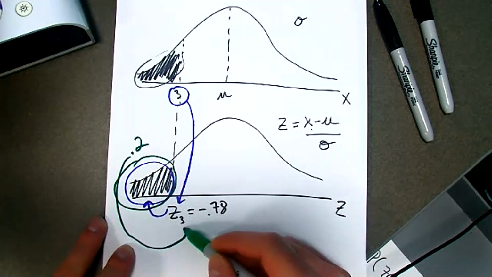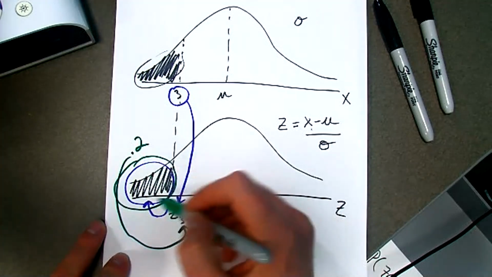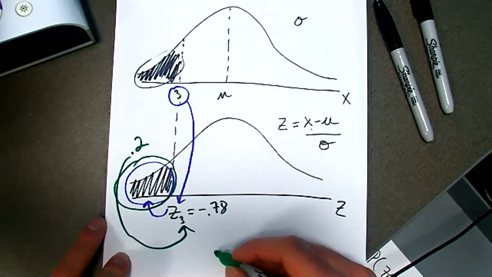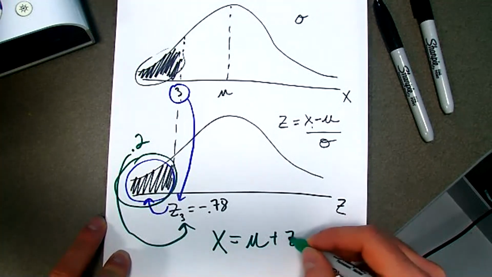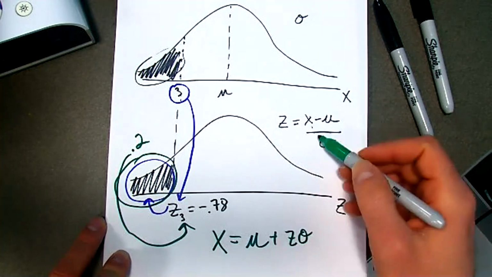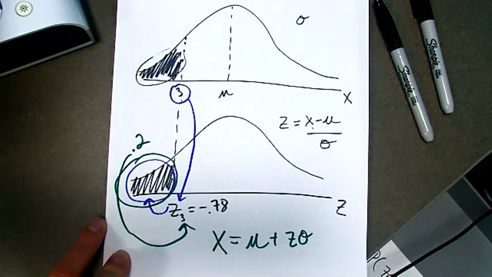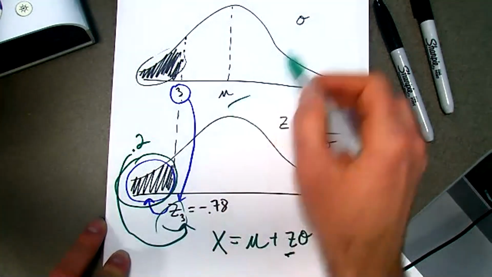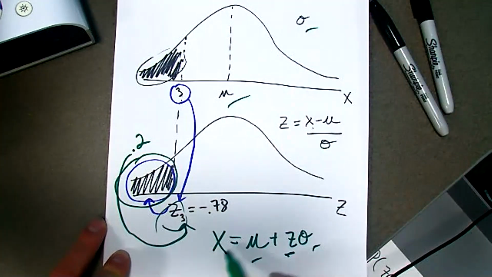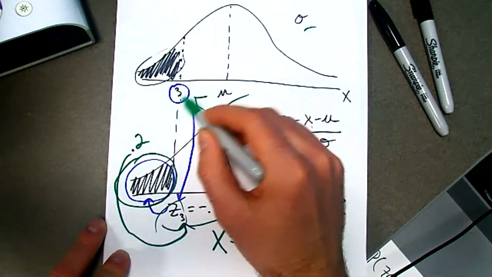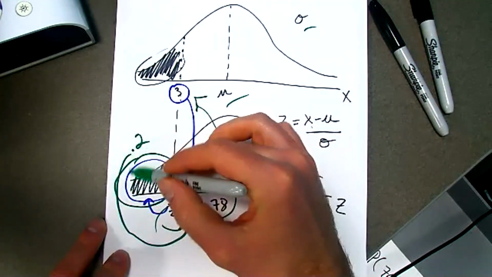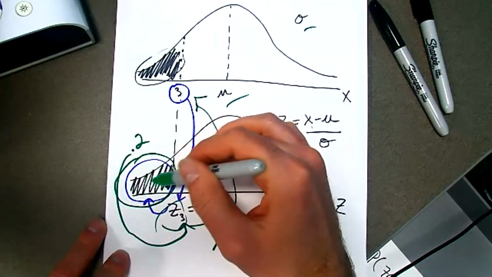What z-score would give me 0.2 in the tail? Once I have that z-score, we had this inverse transformation formula, which was really just rearranging the z-score equation to solve for x. Now that I have the z-score, if you tell me the mean and the standard deviation of the original distribution, I can back out what that cutoff value for x would be that would give me that 0.2 to the left of it, right?